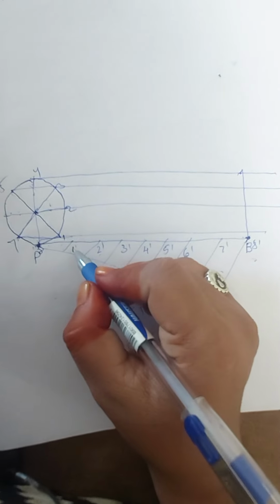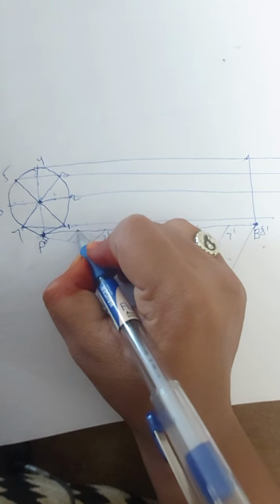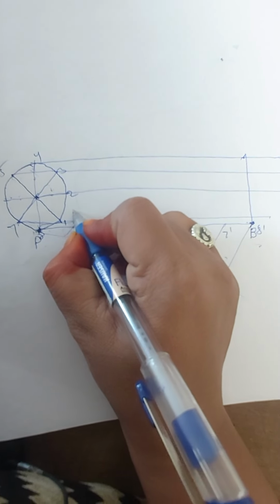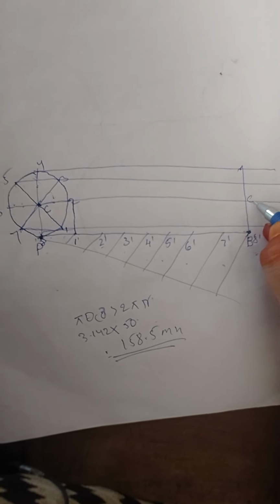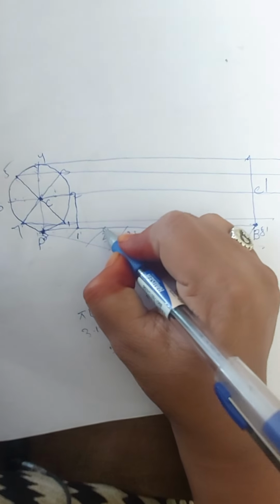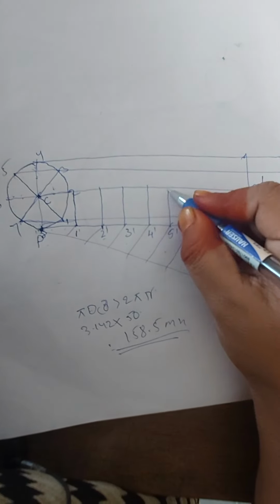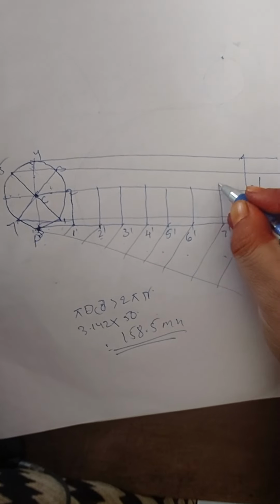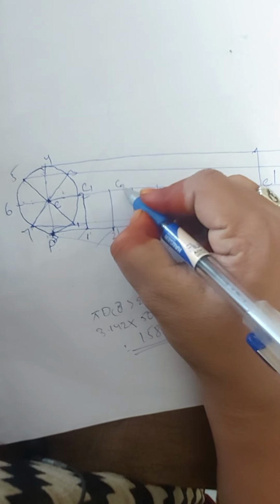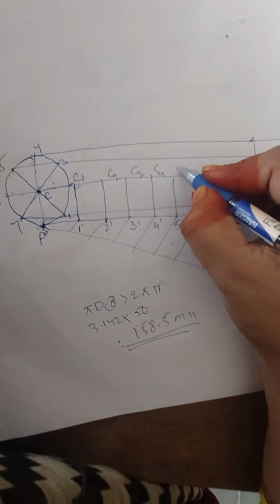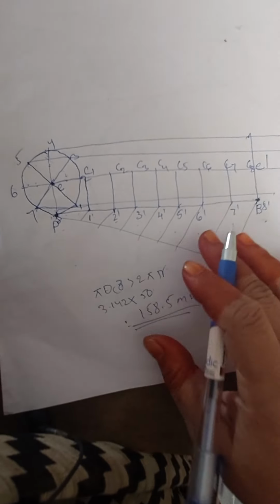Next, from the divisions 1 dash, 2 dash, 3 dash, 5 dash, 6 dash, 7 dash up to 8 dash, draw perpendicular lines from the horizontal line PB onto the center line C dash, to get the center points C1, C2, C3, C4, C5, C6, C7 and C8.